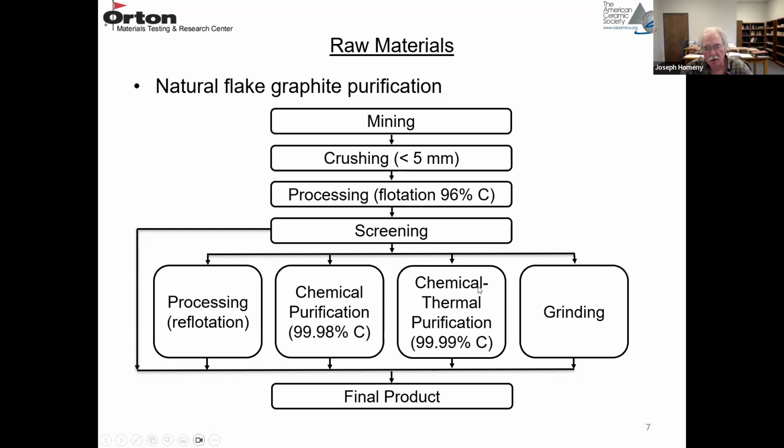And you can do a chemical thermal purification, so that the chemical would dissolve the impurities and then the thermal would evaporate impurities. So you can get up to 99.99% carbon. And these materials can be ground into different sizes. So you end up with a final product between 96% carbon and almost 100% carbon, depending on how you treat it.